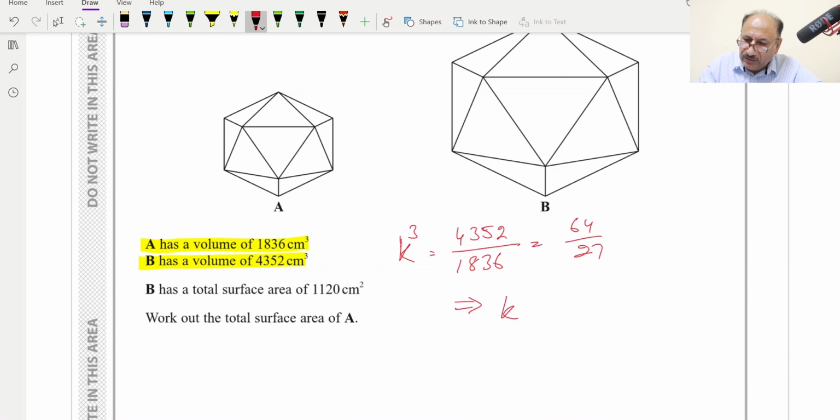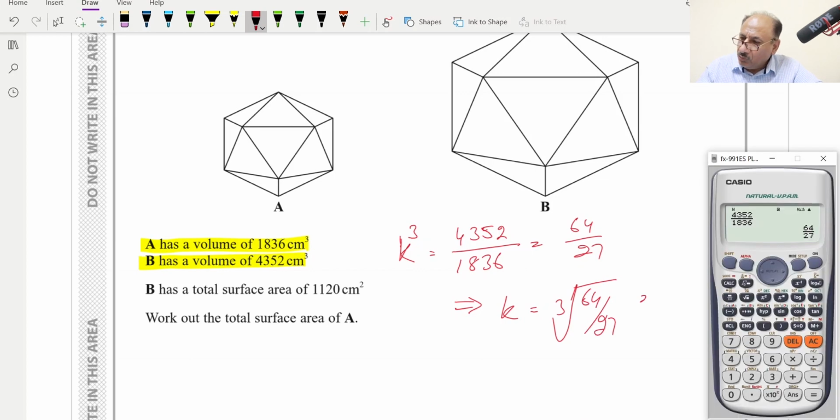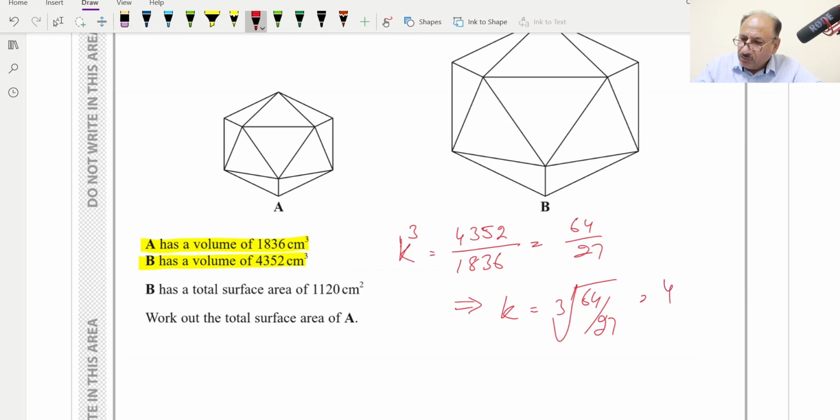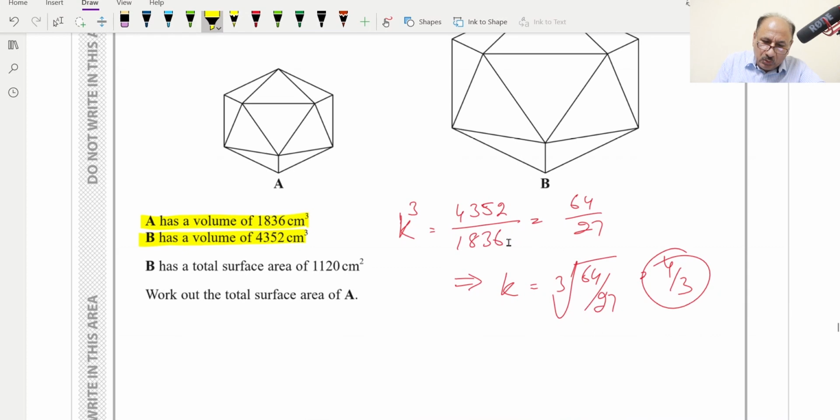And we can find k value. This implies k is equal to cube root of 64 over 27, and this will be equal to 4 by 3. So 4 over 3 will be the conversion k value. Now B has total surface area of this one.